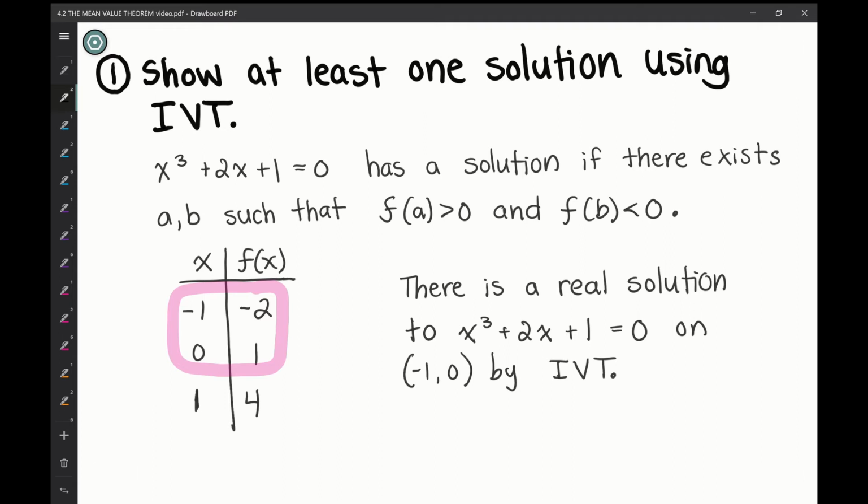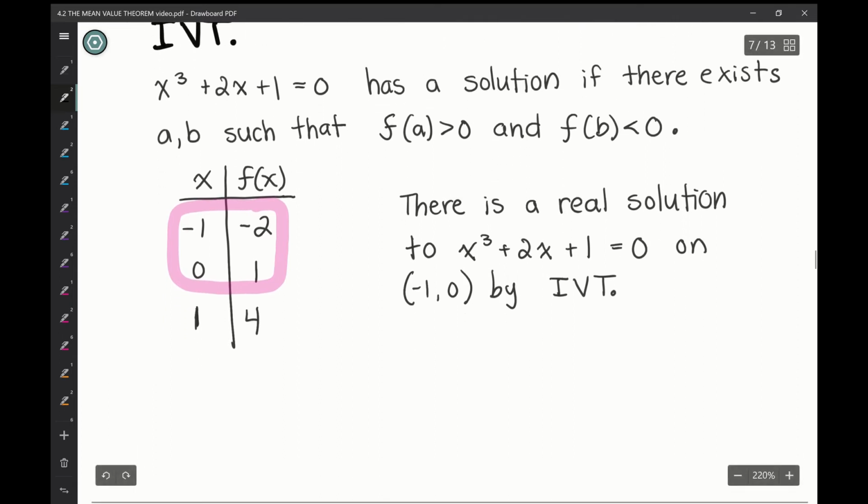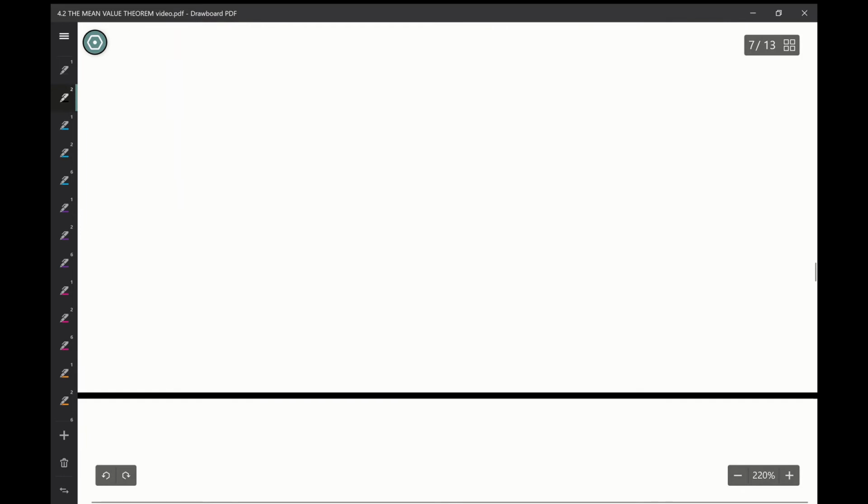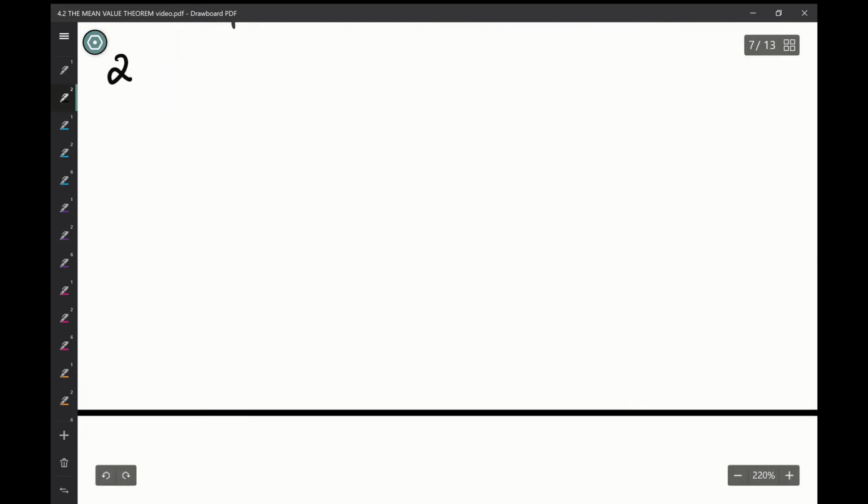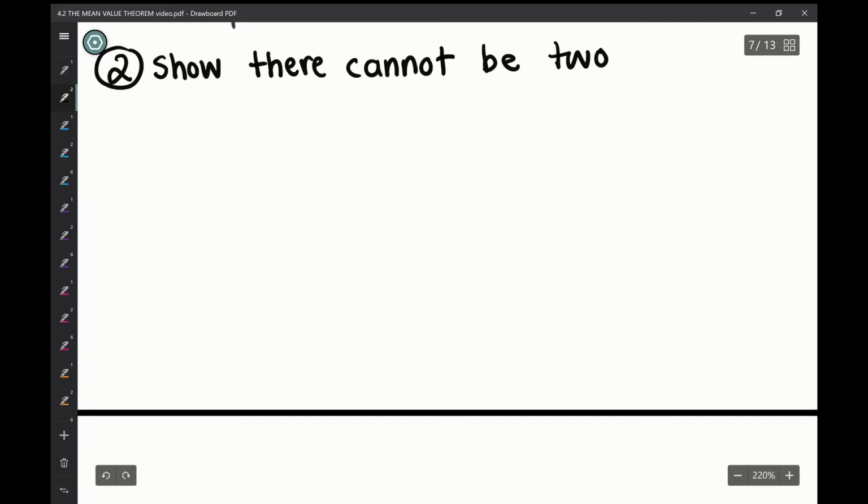Now that we've shown there's at least one solution, the next step is to show that there cannot be two solutions. So step 2, show there cannot be 2 solutions, using, I prefer, Rolle's theorem.